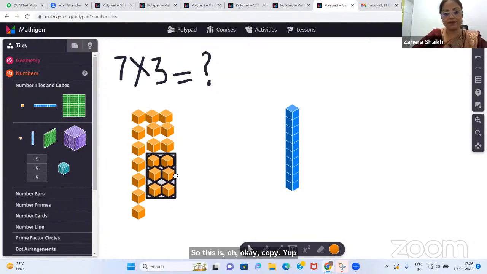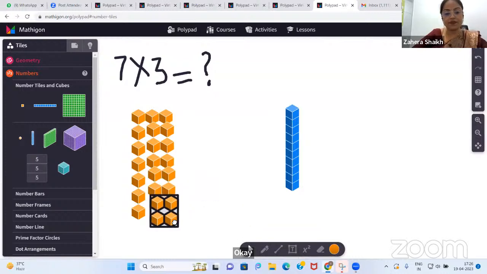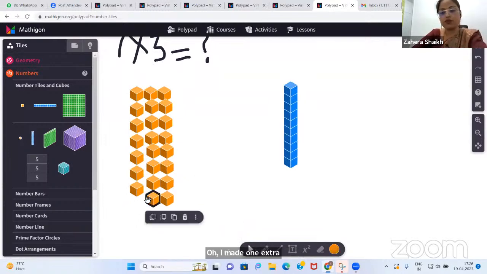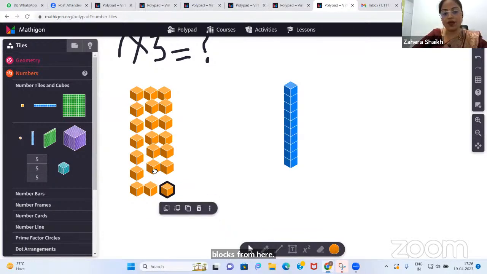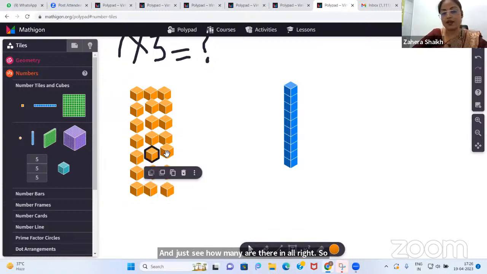Okay, copy. Yep. Okay, and then again, next copy. Oh, I made one extra group. So I'll just remove these 2 blocks from here and just see how many there are in all. Right? So now this is easier for them to count.